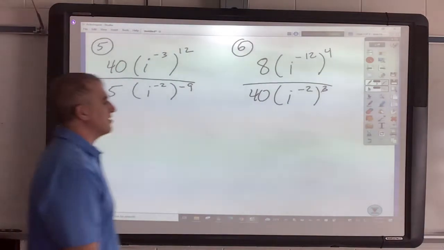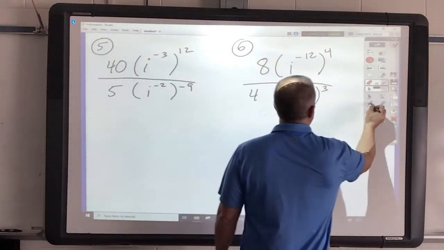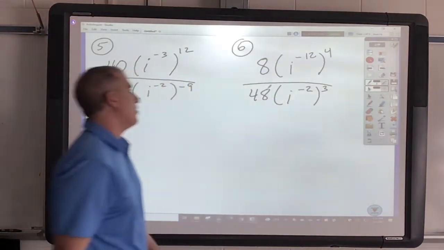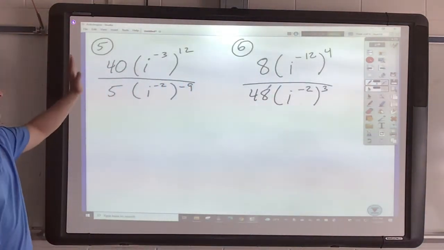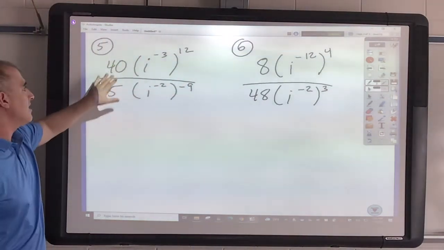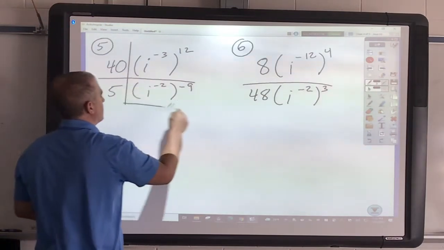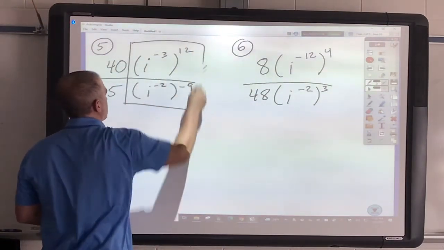No, let's not do 40, let's do 48. What you want to handle first, notice the difference between those and the last ones, is these are outside of your function. So you almost want to handle these individually.